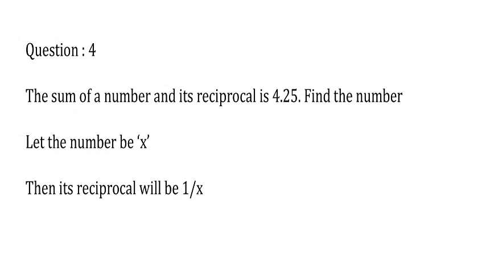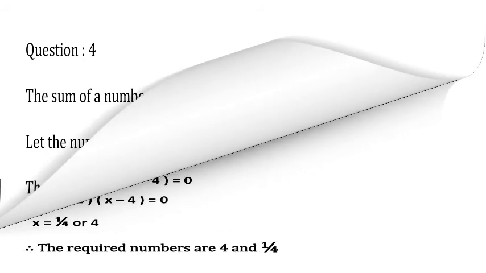Question number 4. The sum of a number and its reciprocal is 4.25. Find the number. This problem is very simple and very much direct also. Let us consider the number as x and then its reciprocal will be 1 by x.